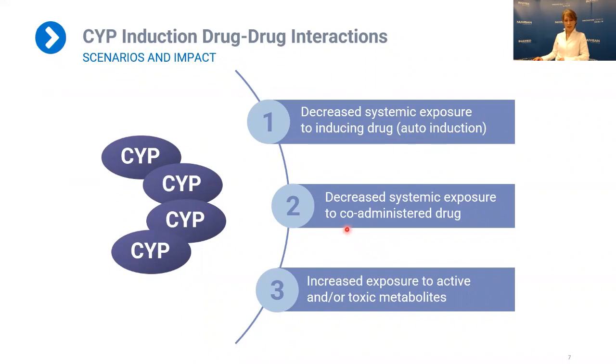The second scenario which can happen is that you observe a decreased systemic exposure of a co-administered drug, if the co-administered drug is metabolized by the enzyme which is induced. And the third scenario could be that you observe an increased exposure of active or toxic metabolites.